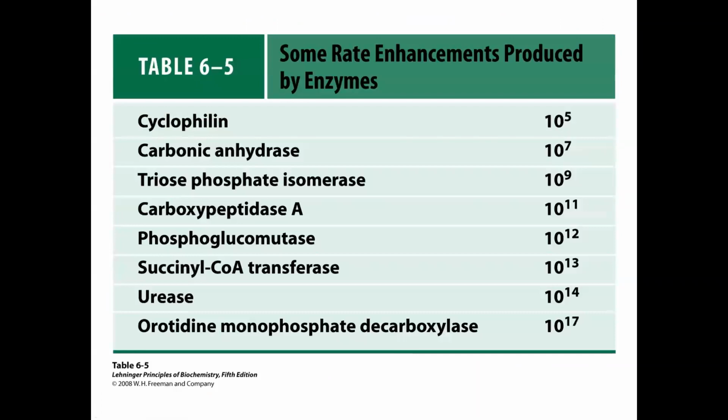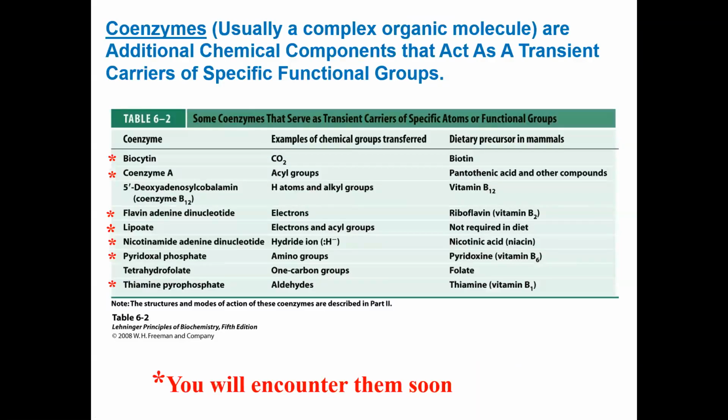Then there are coenzymes, the next additional components that you might need for the enzymatic activities of certain enzymes. What are coenzymes? Coenzymes are typically complex organic molecules that are needed, okay, and can act as transient carriers of specific functional groups.